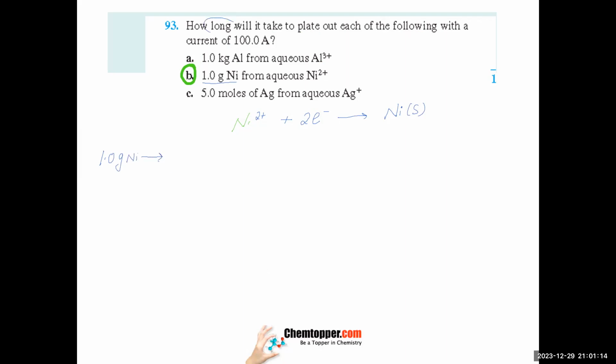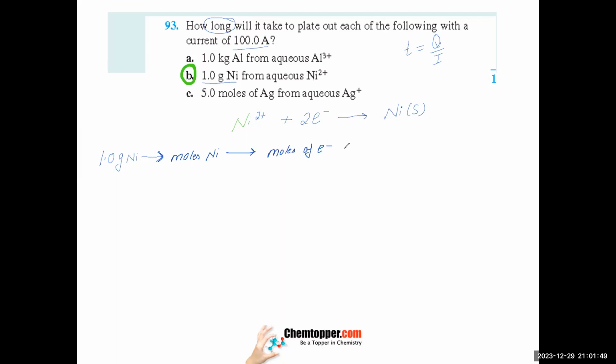From here, where are you going to go? Because you want to calculate time again. So again, you are working in the direction of time, which is Q over I. I is given to us. Q I want to calculate. From grams of nickel, where are you going to go? To moles of nickel. From moles of nickel to moles of electrons.